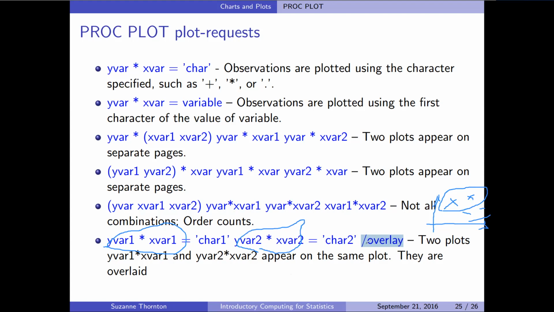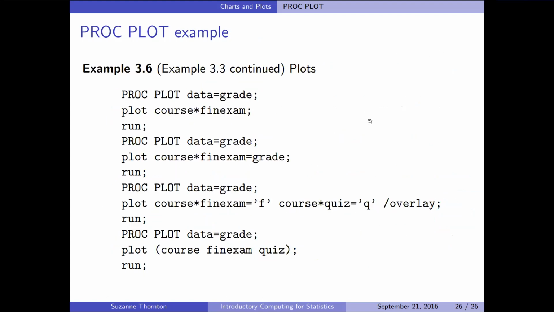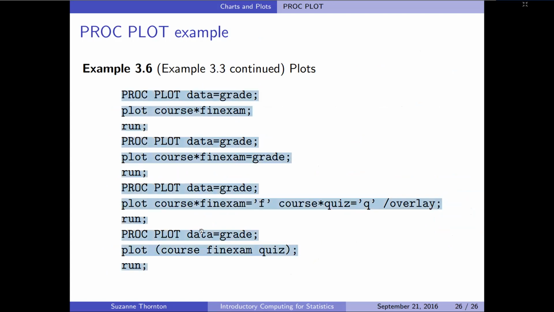So we can achieve this only by using the overlay options. This is an important example code. The illustration of those examples will be put on my second YouTube video, which you should check later.